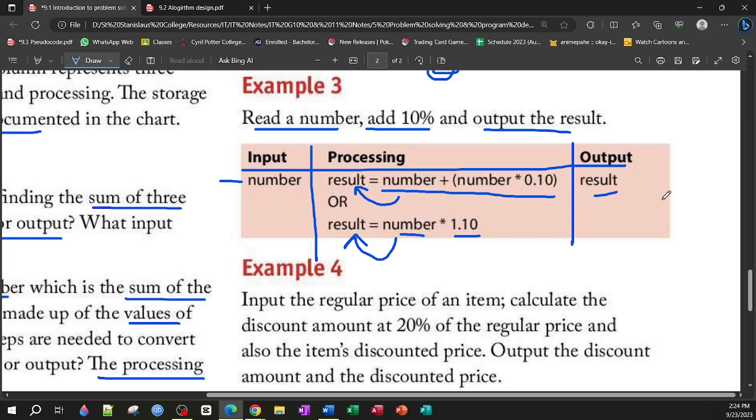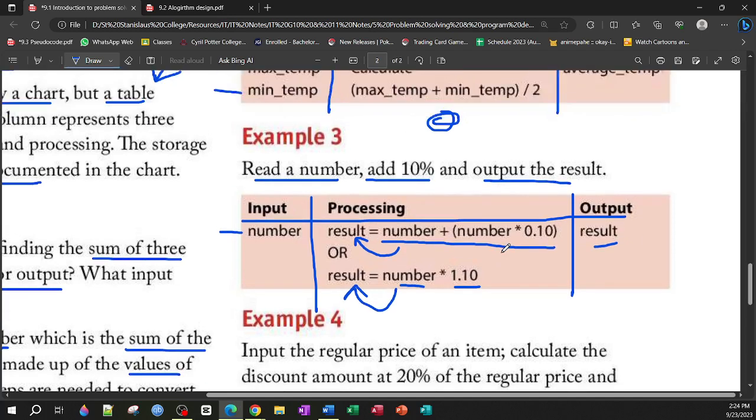So if you notice, it's basically simple maths we're doing right now to carry out our calculation. So what you would have learned in maths is going to play an important role in programming, because you need to remember those rules that you would have learned so that you can apply it.